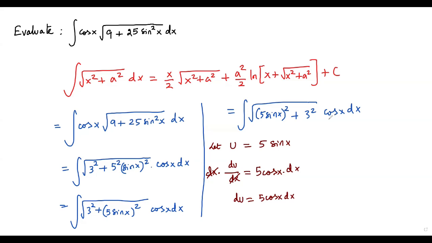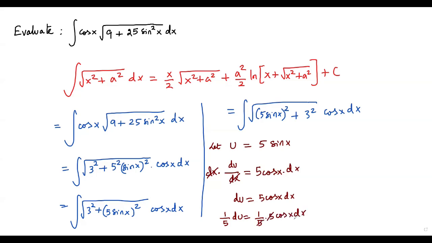Here when I look at the integration, I just have cosine x dx, but here we have 5 times cosine x dx. So now I have to get rid of this 5 so that I get something equivalent to cosine x dx that can be plugged into the integration. For that, I multiply both sides by 1 over 5. Let me multiply the left side du by 1 over 5. On the right side also I multiply by 1 over 5, so 1 over 5 times 5 cosine x dx.